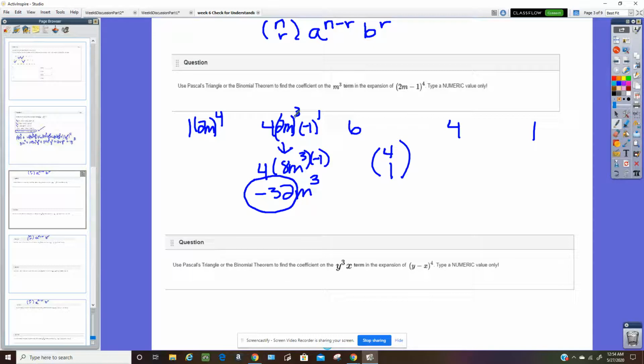So I want the second term in the expansion, and r is going to be 1 less than the term number. So if I want the second term, then my r value is going to be 1. Or this would be the 0 term, first term, second term, third term, fourth term.